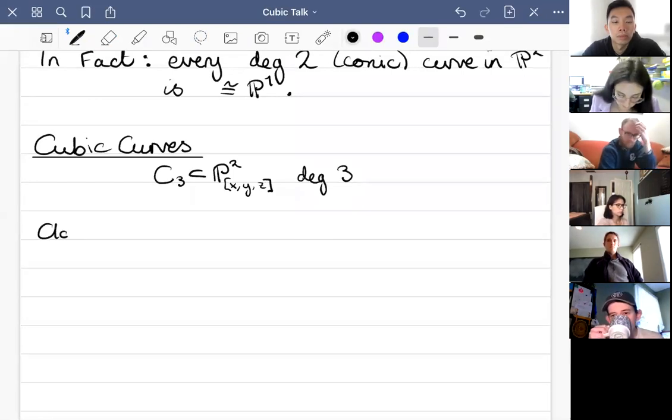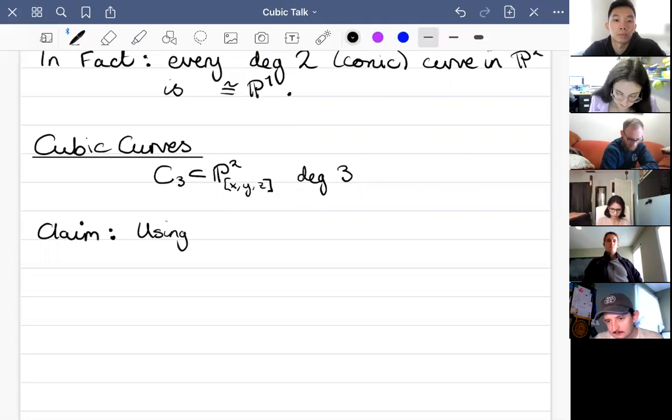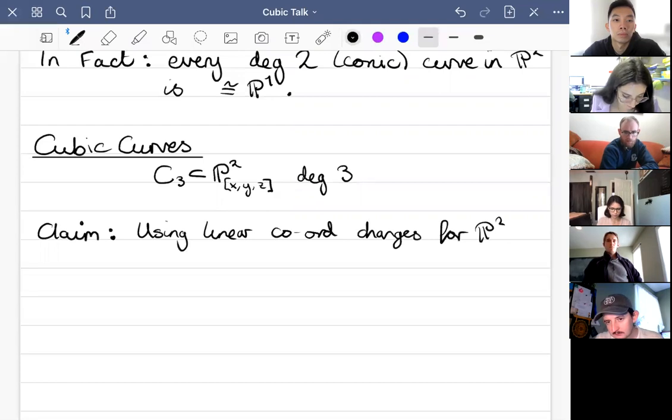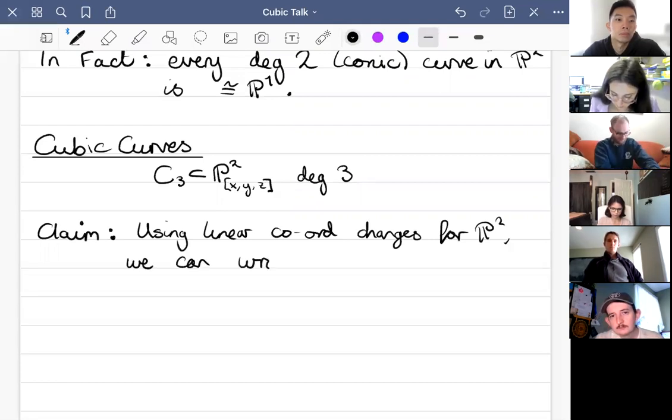But the good thing about projective space is we can always do linear changes of coordinates. And so using just linear coordinate changes for P2, we can always write the equation of a cubic in a standard form.